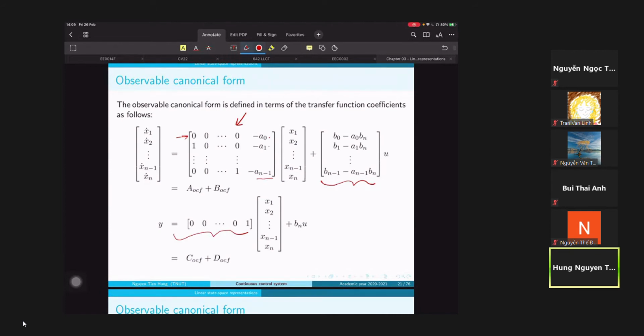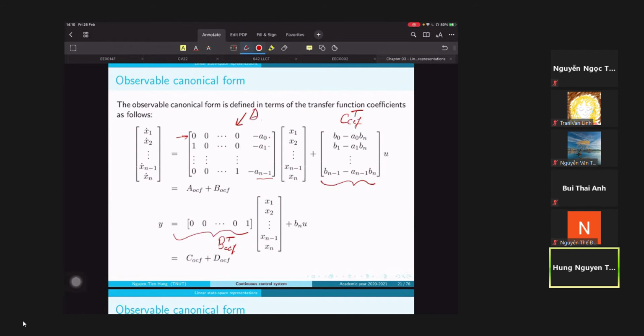And B is now the same as C in the controllable canonical form. Actually, this is a transpose. And here you see that this is the B of the controllable canonical form transposed.